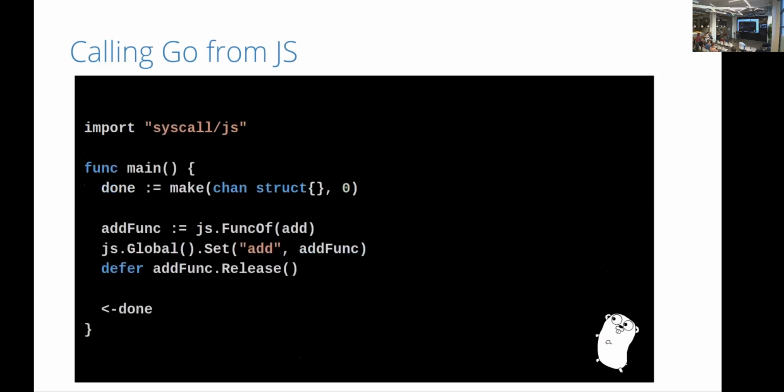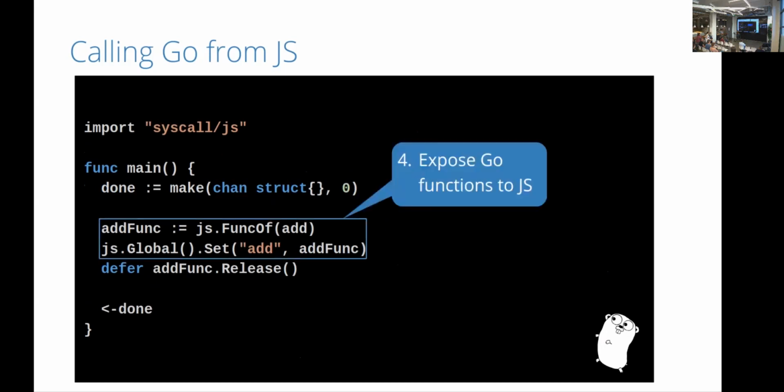This isn't all though. There are a few more steps before we can actually expose this Go functionality through WASM to a JavaScript caller. So something we need to do is take our add function and call the FuncOf function surfaced by the syscall.js library to wrap add into addFunc.